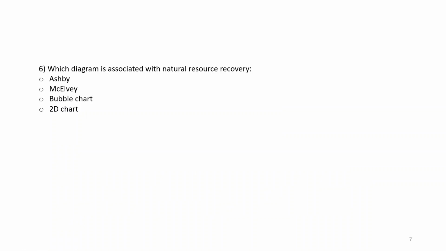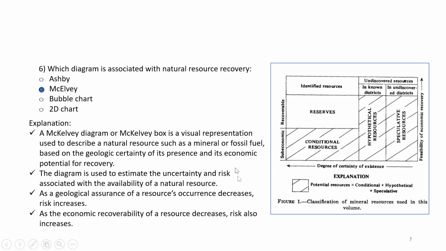Next question is, which diagram is associated with natural resource recovery? The options are Ashby, McKelvey, bubble chart or 2D chart. So answer will be McKelvey. Now these are the McKelvey charts. In this you define various resources according to economy and availability.